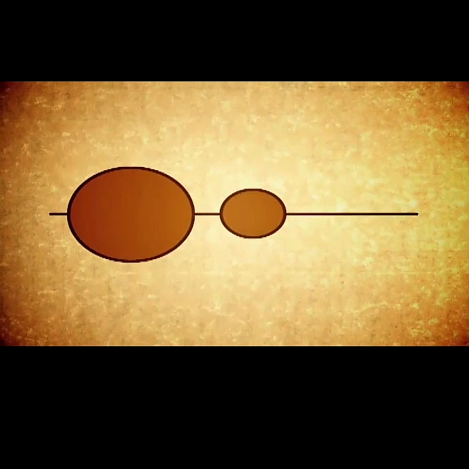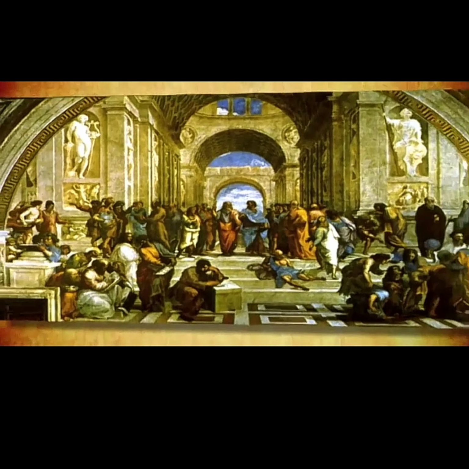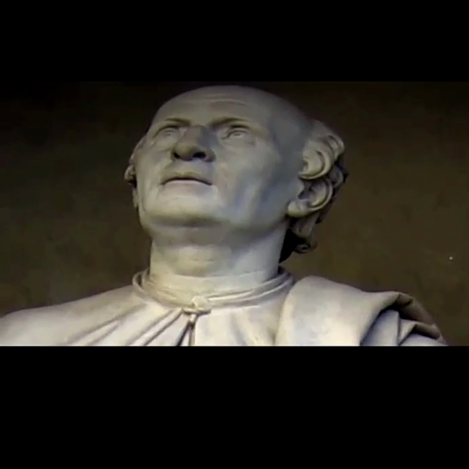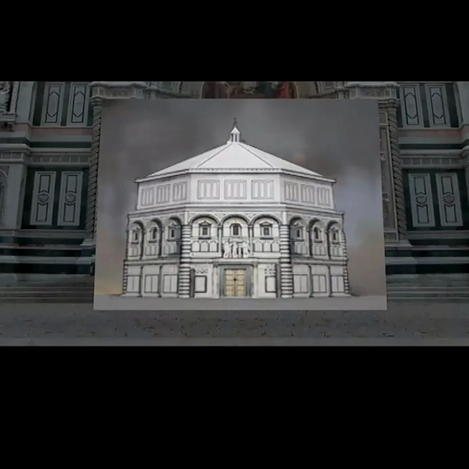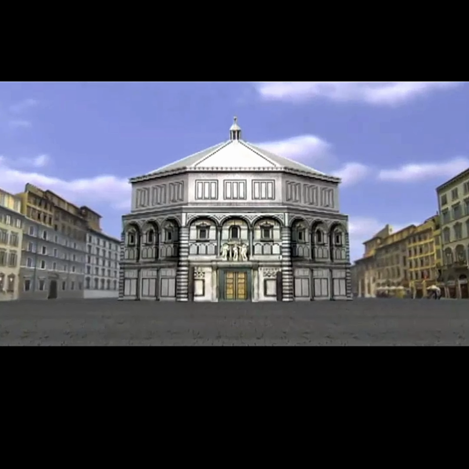But for Renaissance artists, the big circle is bigger because it is closer to the viewer. The smaller circle is further away. Across Europe, painters began to use perspective in their work. Filippo Brunelleschi was the first Italian to use perspective. He created a painting of this building. It was so realistic that viewers were often amazed at how similar it was to the actual building.